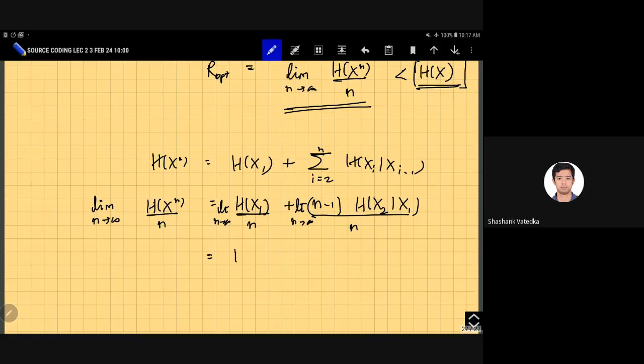So this is basically H(X2 given X1), which is strictly less than H(X2).